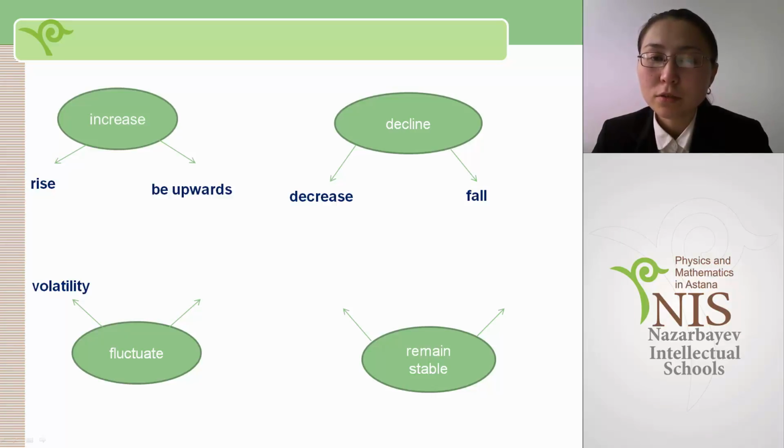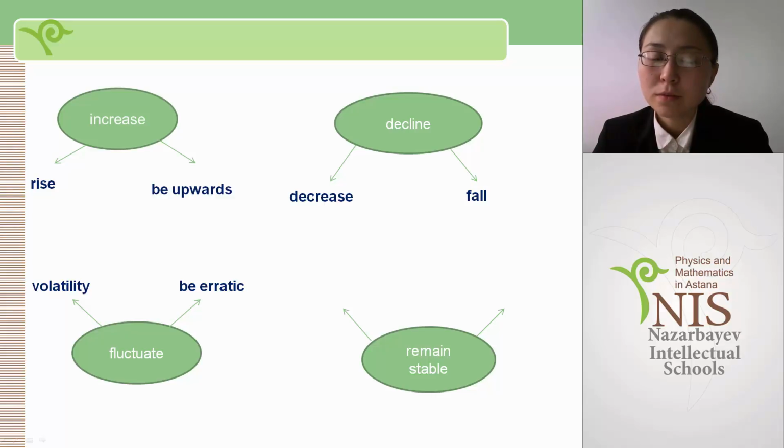And now let's look at some adjectives to describe fluctuate. Good. To be erratic. To be erratic means to be not stable, to fluctuate, to have some fluctuations, or to experience a period of volatility. That's great. Now let's move on.